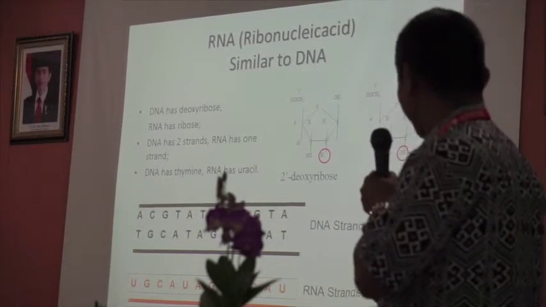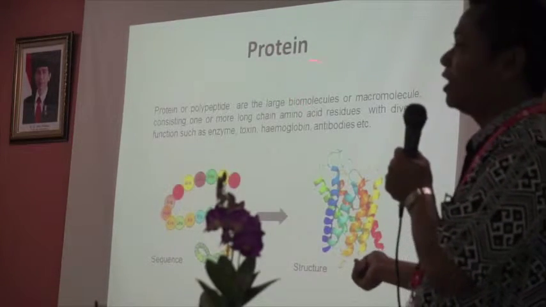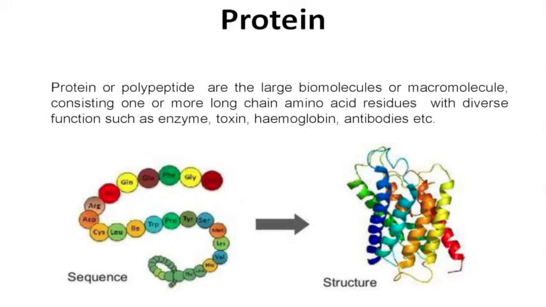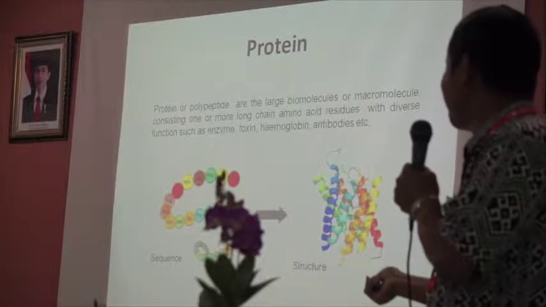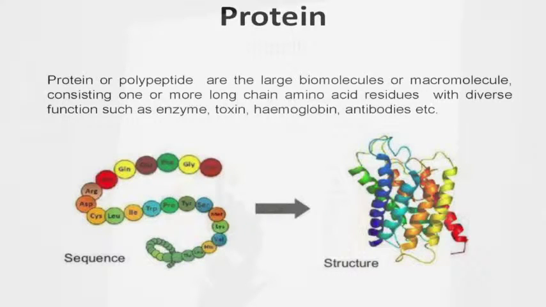The other is the protein. Sometimes we hear about DNA, RNA, and then also protein. Protein is a polypeptide, a long biomolecule or macromolecule consisting of one or more long chains of amino acid residues with diverse functions such as enzyme, toxin, hemoglobin, antibodies, and others.